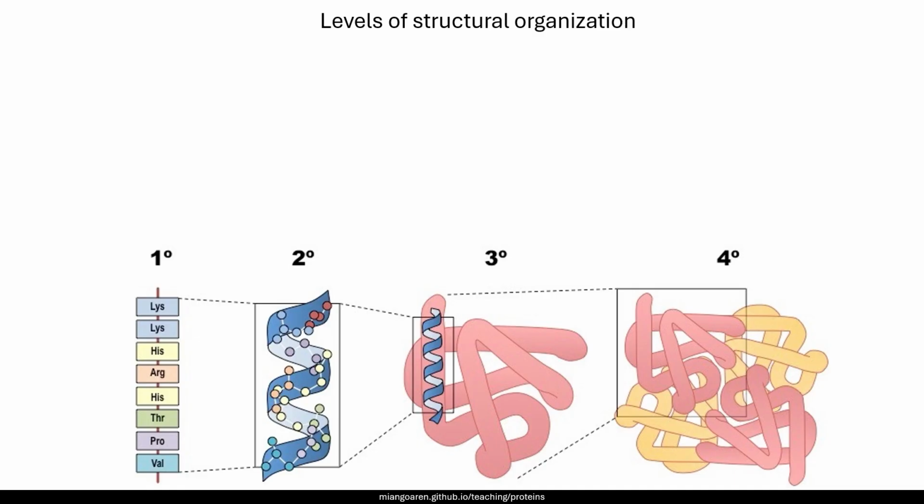And these geometric limitations are precisely one of the structural bases that allow us to organize proteins at multiple levels, so that we as people can understand them in an easier way.